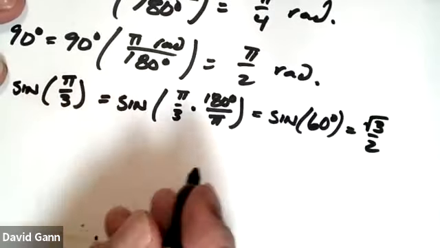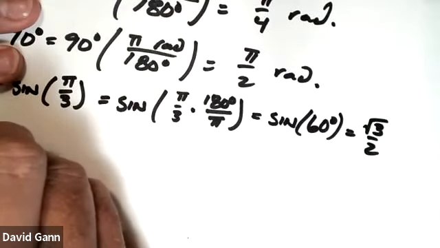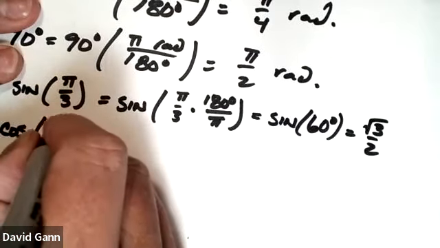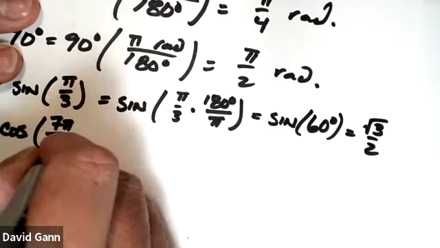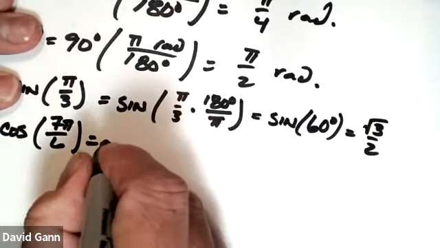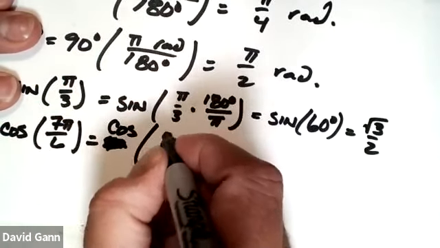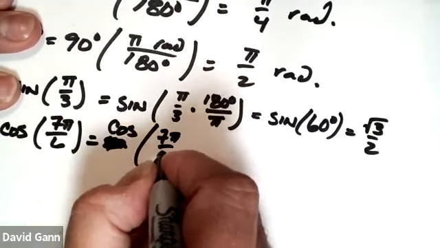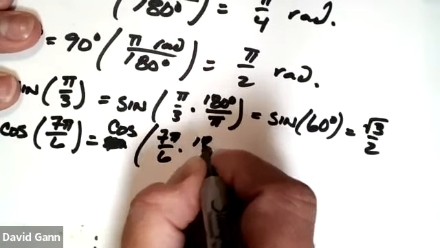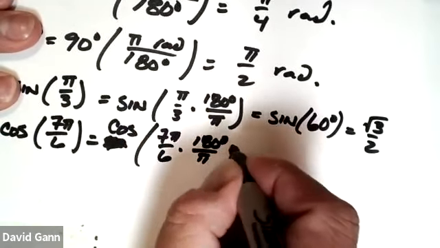Okay, let's try another one. How about finding the cosine of 7 pi over 6? Again, we'll make this conversion, 7 pi over 6 times 180 degrees divided by pi.